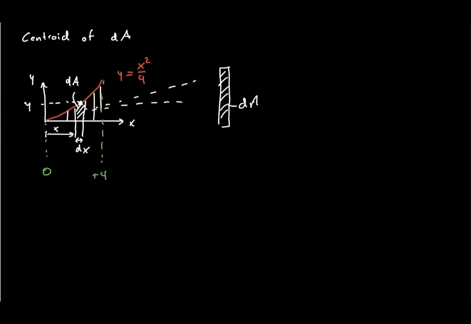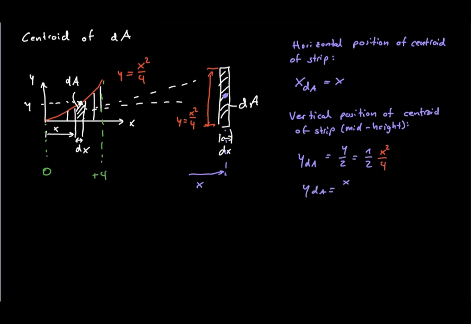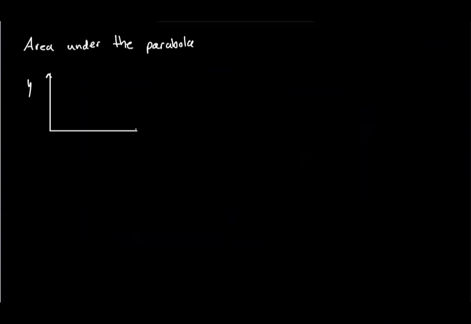Before integrating, we also need to know where the centroid of this tiny strip is located. Horizontally, it is simply at position x. Vertically, the strip behaves like a very thin rectangle. Its centroid therefore lies halfway up its height. Since the full height is x squared divided by 4, the vertical coordinate of the strip centroid is x squared divided by 8.